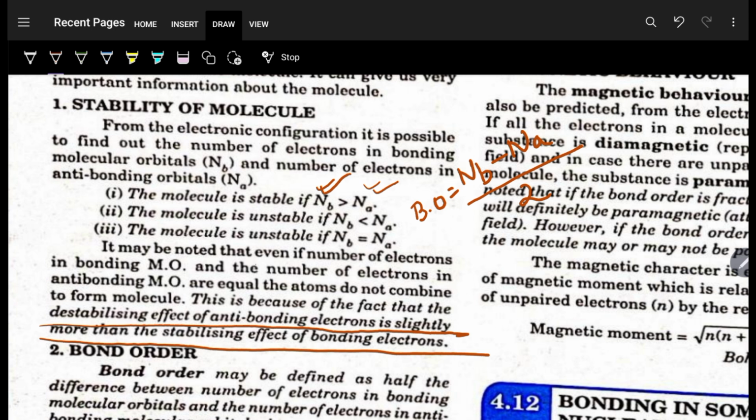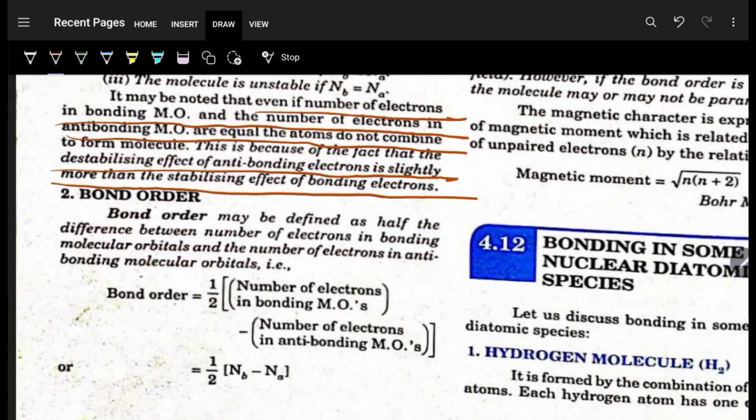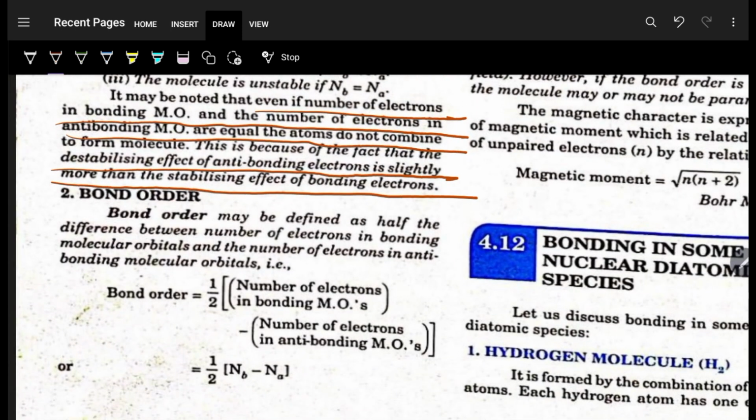So even if the number of electrons in bonding molecular orbitals and antibonding molecular orbitals are equal, the atoms do not combine to form a molecule. We have seen the antibonding getting slightly more raised than the bonding getting lowered, right? So that is the reason.